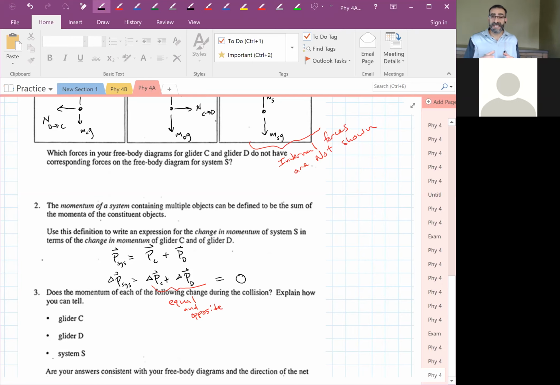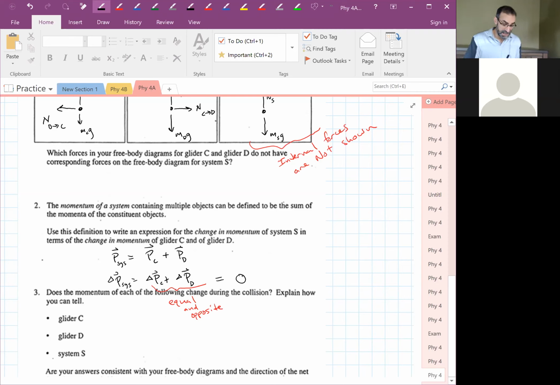And we can use that even if the mechanical energy is different before and after the collision. We can still use this new law that we're learning, conservation of momentum. So we're trying to get a grasp for when we can use it and when we can't.